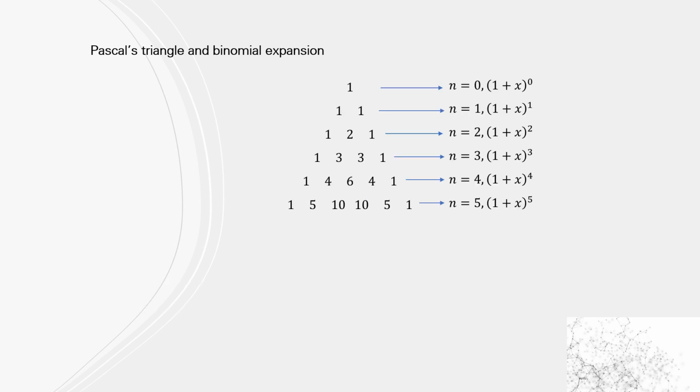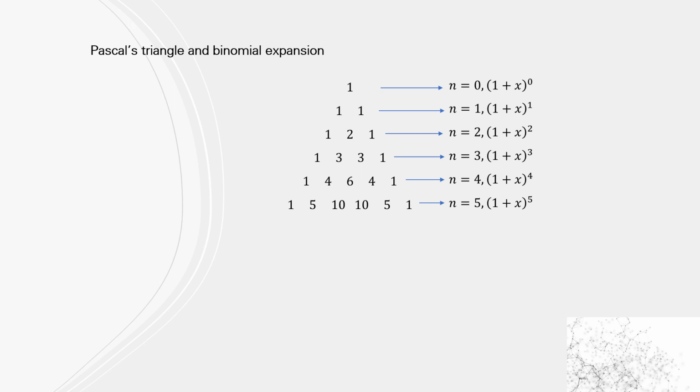So let's have a look. The first row is n equals 0, and it's 1 plus x to the 0. The next row is n equals 1, and that's 1 plus x to the 1. The third row is n equals 2, and that is 1 plus x all squared, and so on, down to the sixth row, where n equals 5.